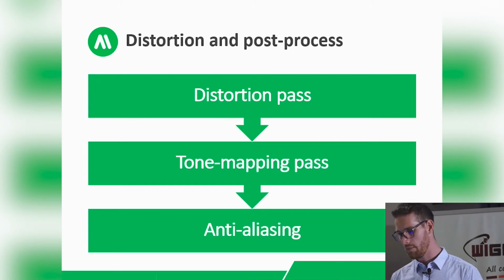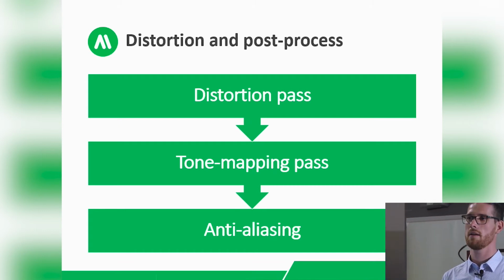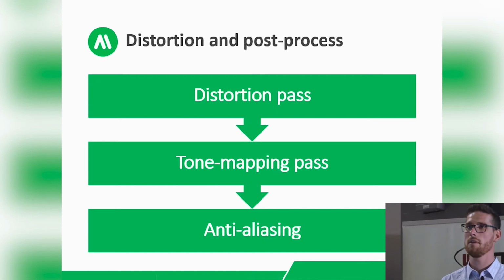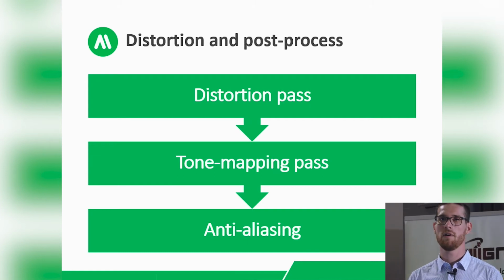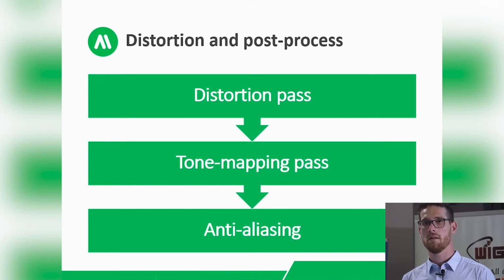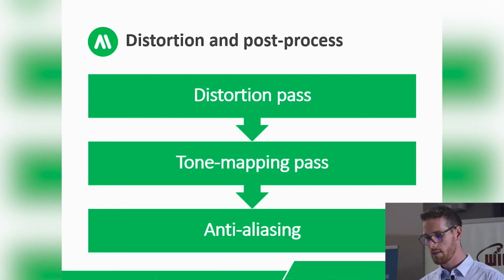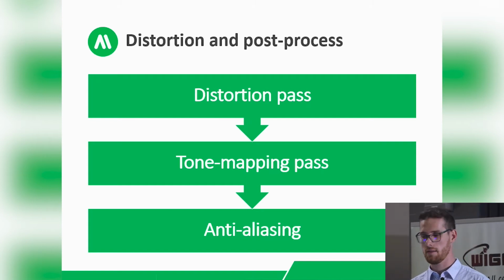So we sample the captured environment with a specific algorithm based on what type of lens we are using. For example, if we have a fisheye camera, then we render the environment into a cube map, and then we generate rays in a shader to sample that cube map. And in the end, we do some tone mapping and anti-aliasing.